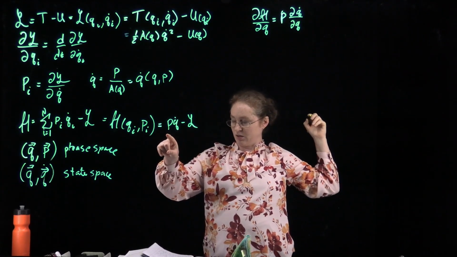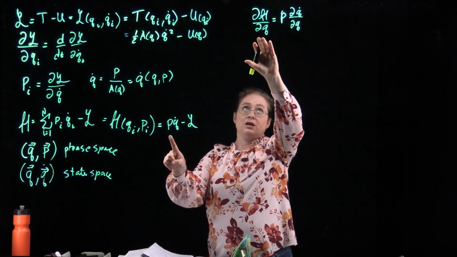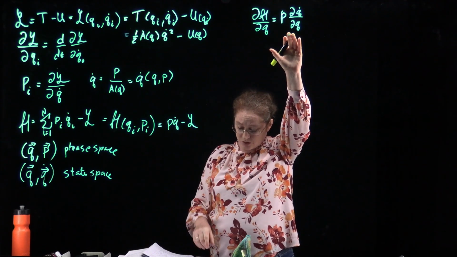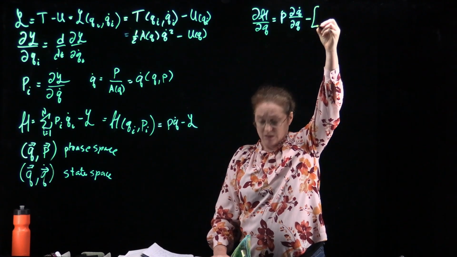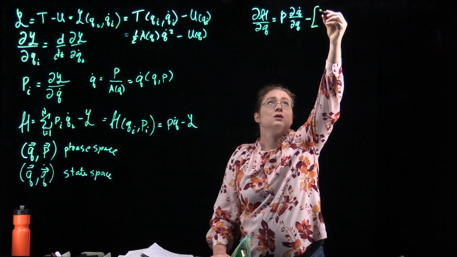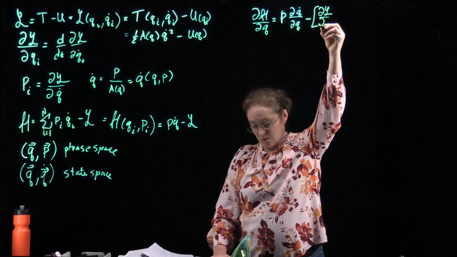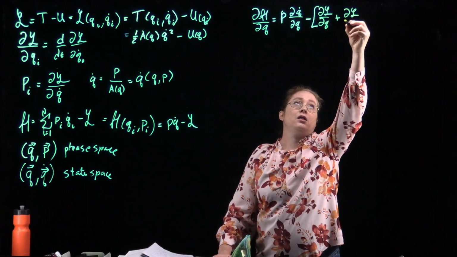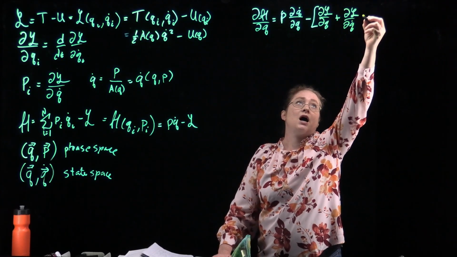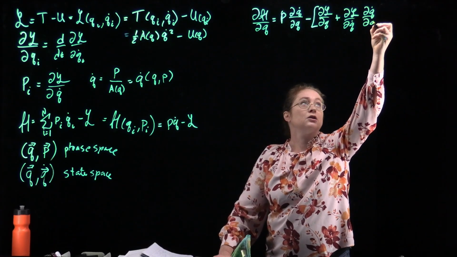Here p does not have any dependence on q, so when we take our partial derivative, we don't need that term, but our Lagrangian has dependence on q, so we have partial L partial q, plus partial L partial q̇, partial q̇ partial q.